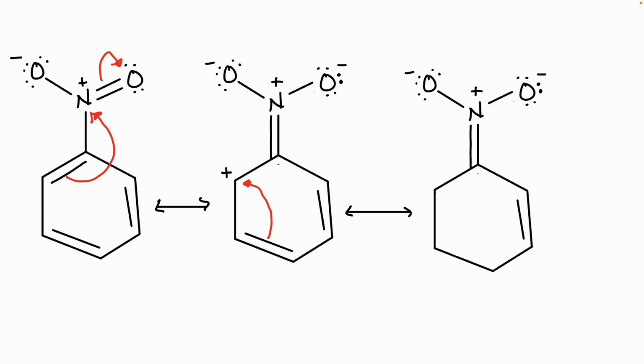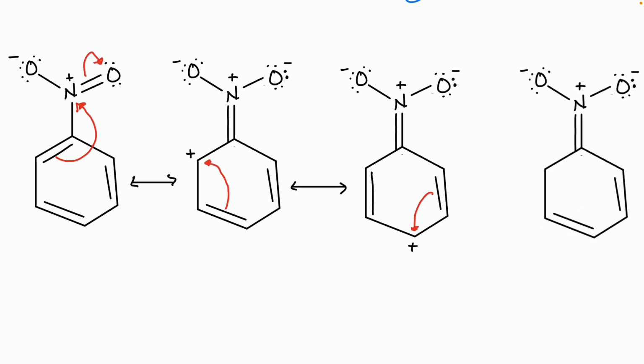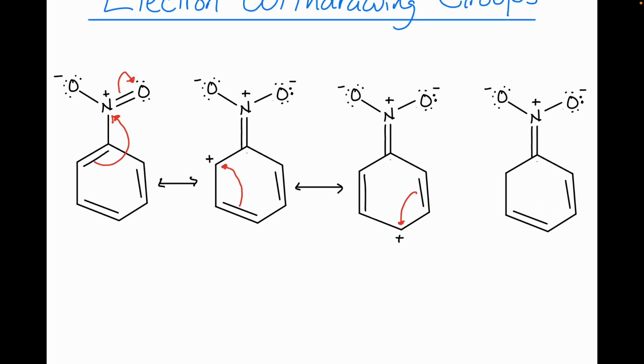So now my carbocation is down in this para position. And then last step again, just bouncing that positive charge around that ring. Cool.